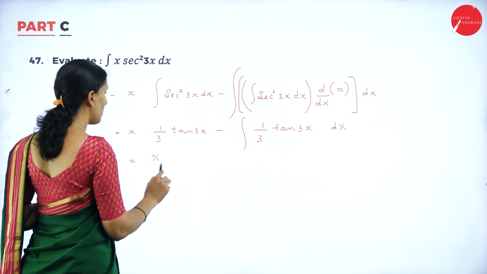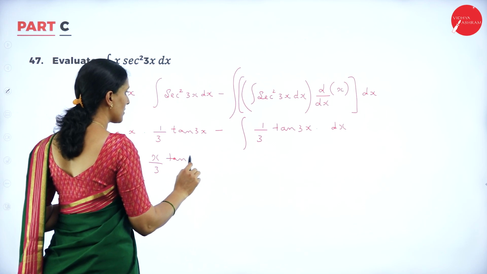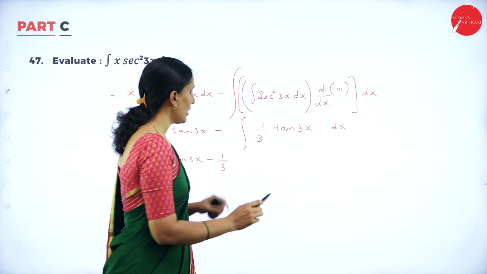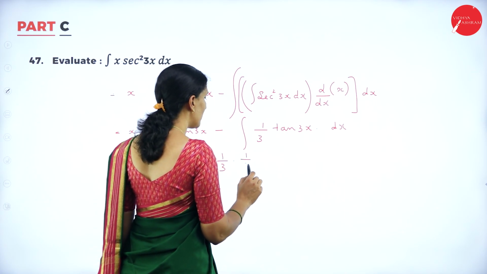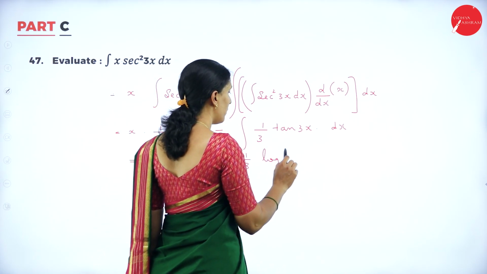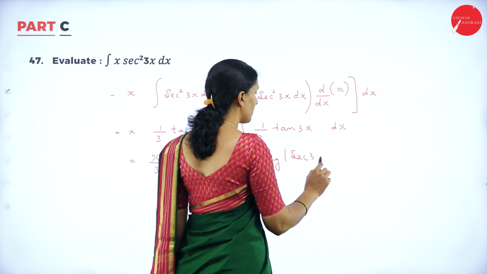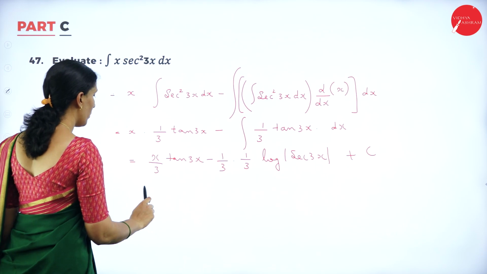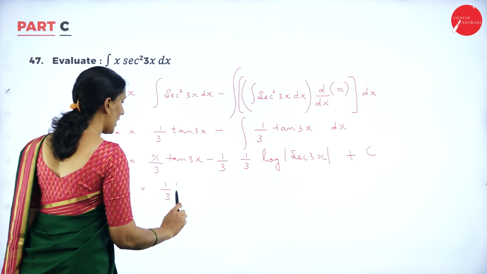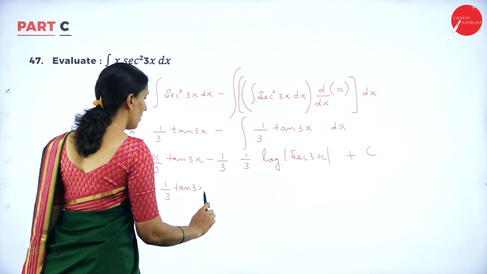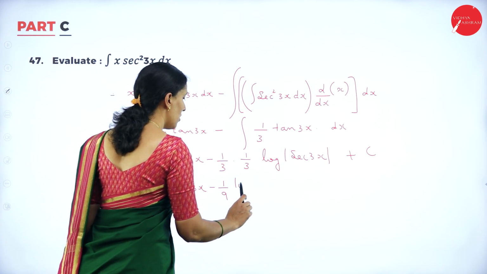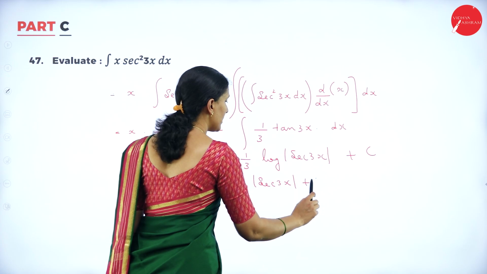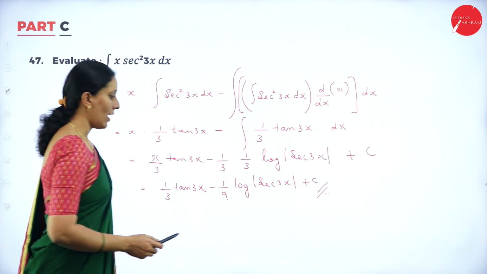We have now x by 3 tan 3x minus 1 by 3. Integral of tan 3x is 1 by 3 log of secant 3x. So completely done, plus c. So therefore here 1 by 3 x tan 3x minus 1 by 9 log of secant 3x plus c is the value.